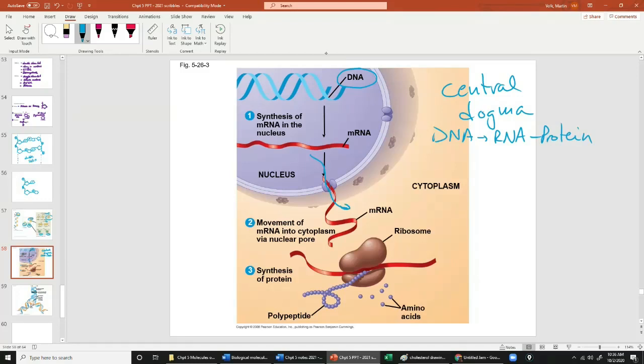And then out in the cytoplasm, it meets up with a ribosome where it connects to this ribosome and then feeds the ribosome the message that it requires to make the protein. And the protein is made out of individual amino acids. These amino acids are linked together by the ribosome with dehydration synthesis.